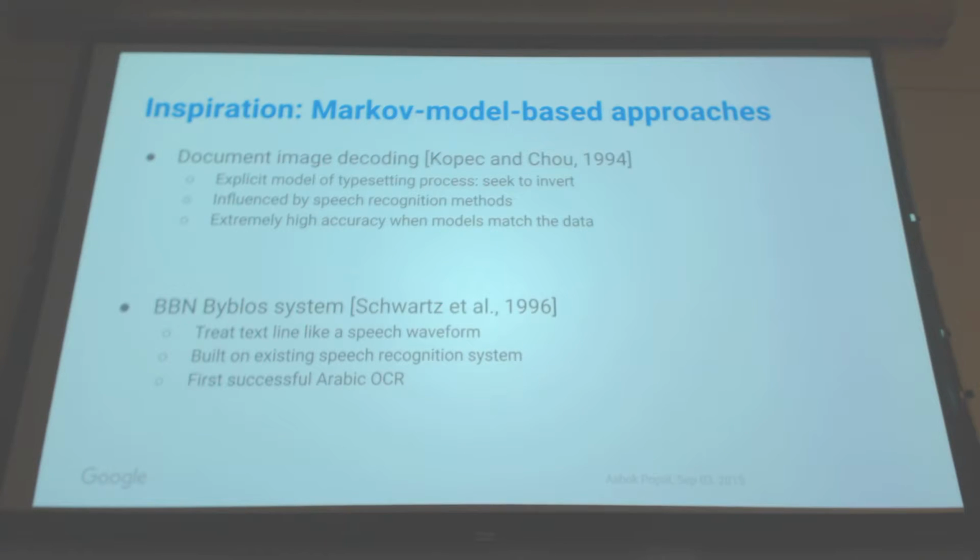Okay, well, let me just say about this. Why would we look to systems that are suitable for speech to handle OCR? There are probably many answers, but at a deep level, at least for me, it goes back to the idea that the writing systems of the world try to represent actual spoken utterances.